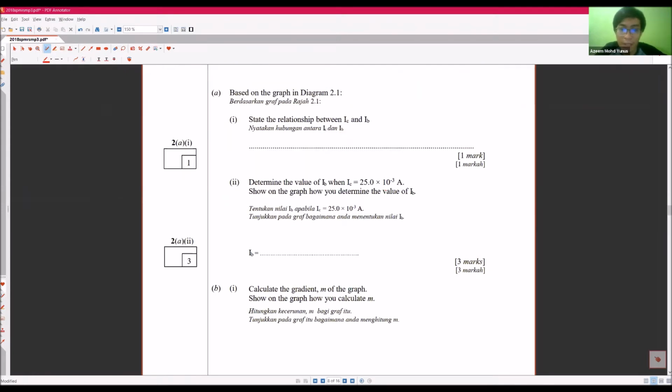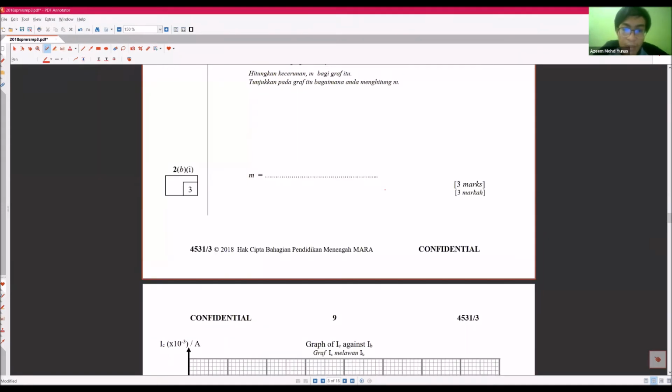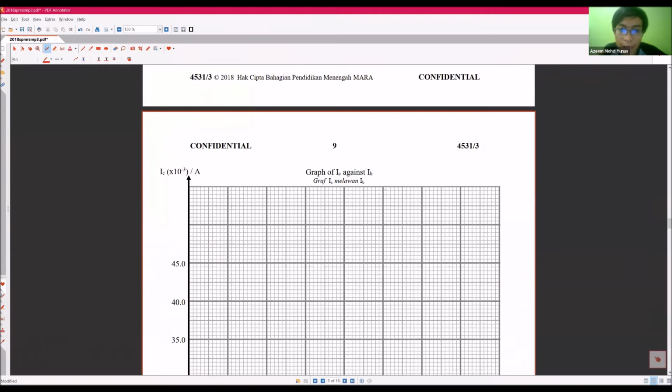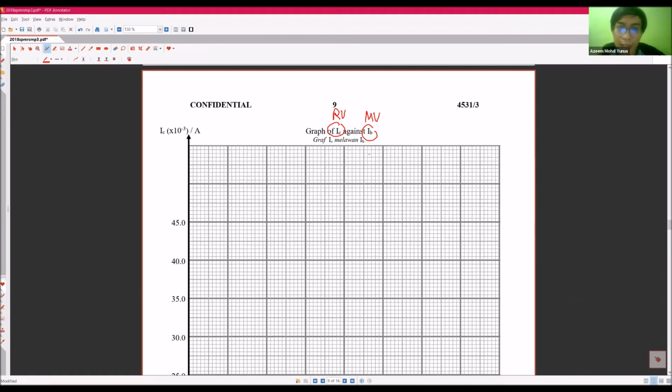You have to look at the graph. Again, we have the title, graph IC against IB. IC is the responding variable and IB is the manipulated variable. So based on the title itself, we already extracted the information about the variables.